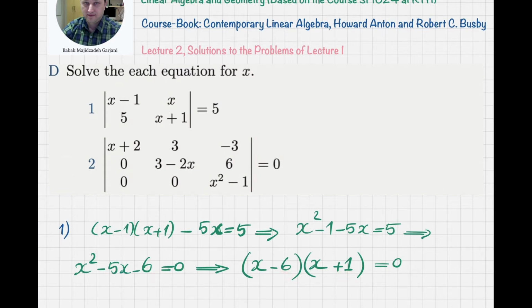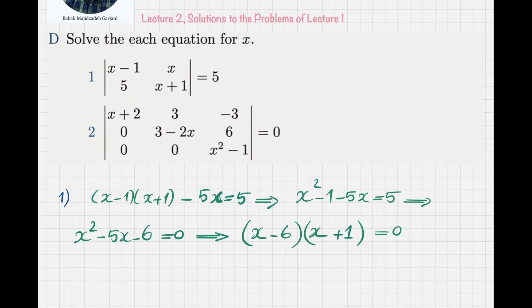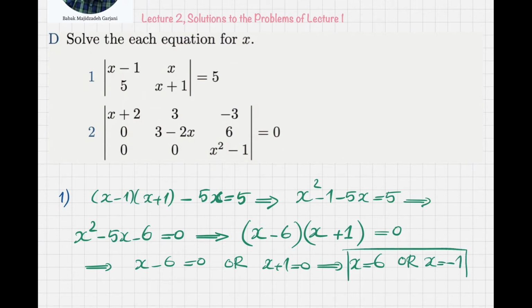Then by the zero product rule, the product of two numbers is 0, so either the first one is 0 or the second one is 0. This means that either x is equal to 6 or x is equal to minus 1. So these are the possible answers for the first determinant equation.